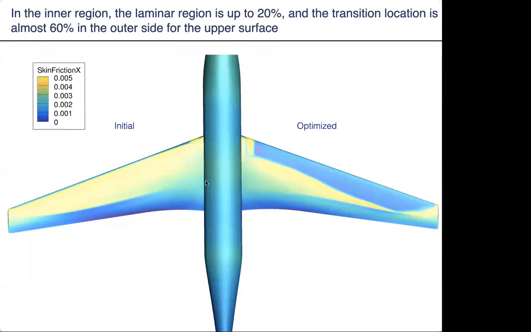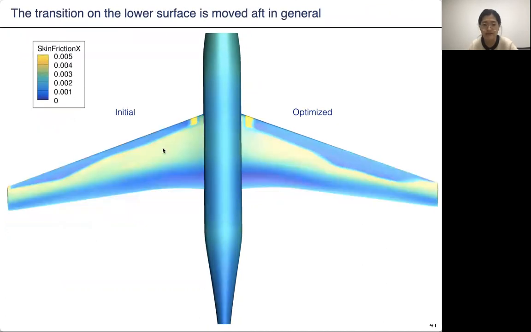As the Reynolds number decreases gradually from the wing root to the wing tip, this is the main reason that the transition location varies along the spanwise direction. For the lower surface, the optimized transition location is moved out in general.